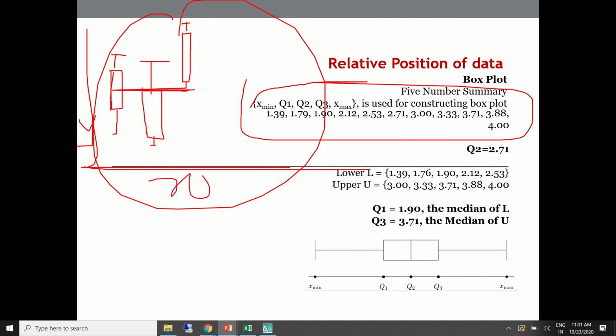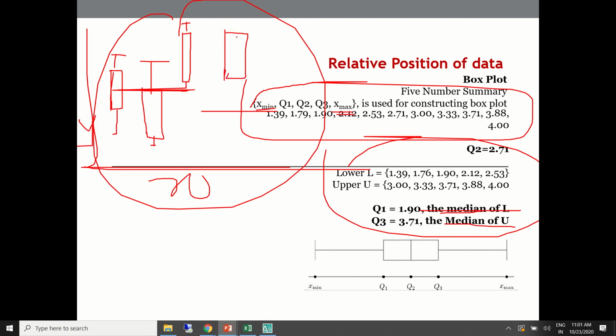We have seen the lower median, higher median, and overall median, and we also know the minimum and maximum scores. If you see this plot, we have the higher value, which is x max, the maximum value that we observe in the data set.